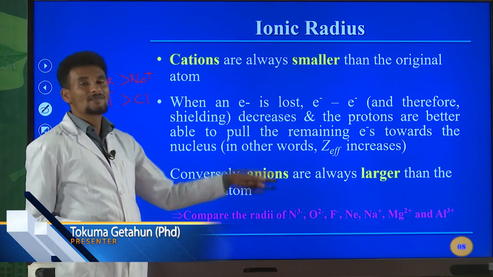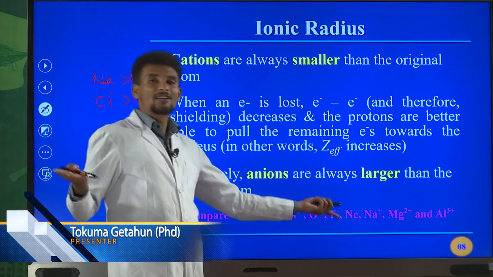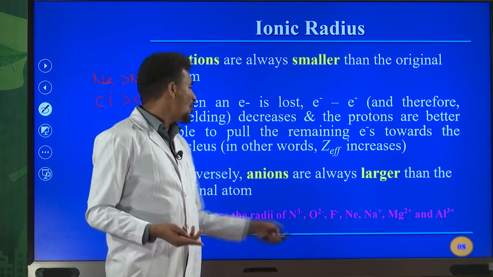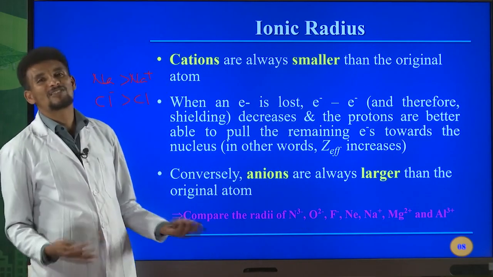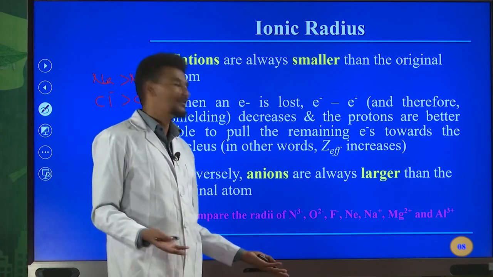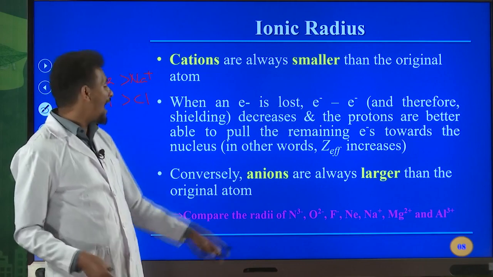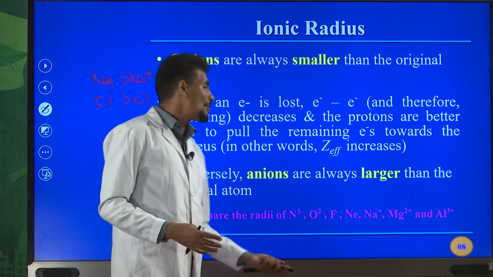So can you compare the ionic radius for these ions? And also we have neon atom here. All of them are isoelectronic with each other. What is isoelectronic? This is nothing but atoms or ions having the same number of electrons. All of them have the same number of electrons.